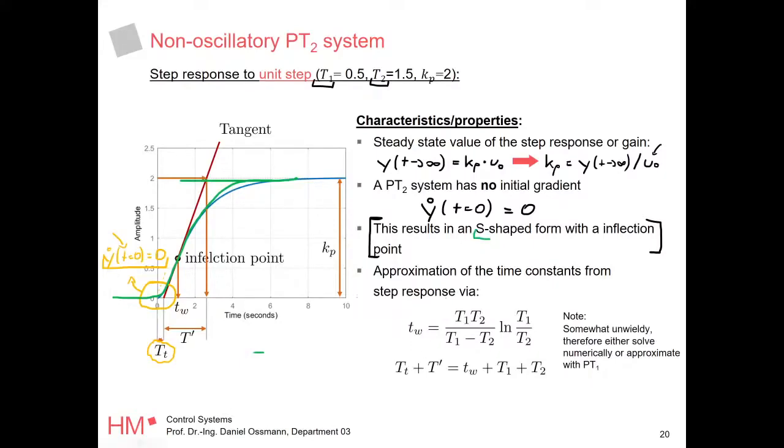And what you also see is that it's not that easy anymore to get your parameters out. You get a system of two equations, you do the experiment, and you draw a tangent here. The red one is the tangent. You measure that time delay, you measure from the inflection point, this TW, and so on.